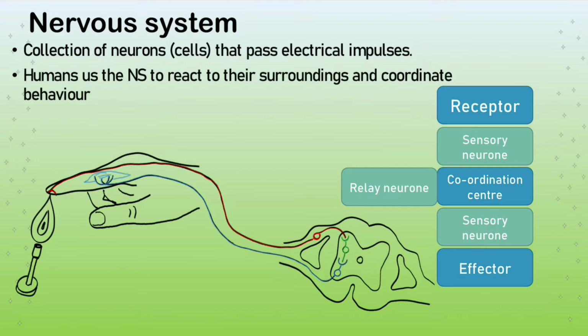And these cells carry electrical impulses. They're quite strange because they can be very long cells. Cells are obviously really small, but these neurons, these nerve cells, can be very long. And in humans, we use the nervous system to react to our surroundings and to coordinate behavior. So we are responding by receiving information, deciding upon how to act, and then causing a response.